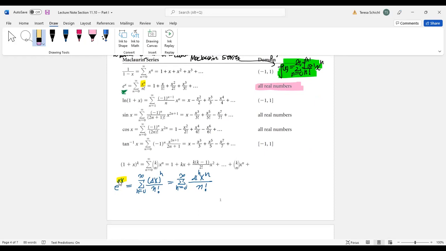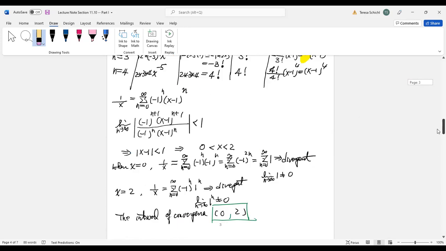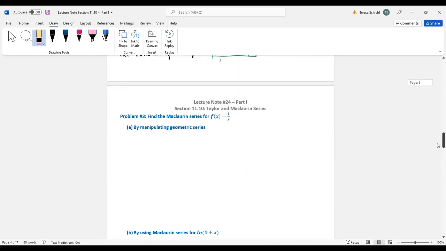For e to the 4x, you can use the definition to get a Maclaurin series, or you can just say, I already know the Maclaurin series for e to the x is 1 plus x and so on, and then we can replace the x with 4x here, right? Okay, so let's follow the same thinking for this method.